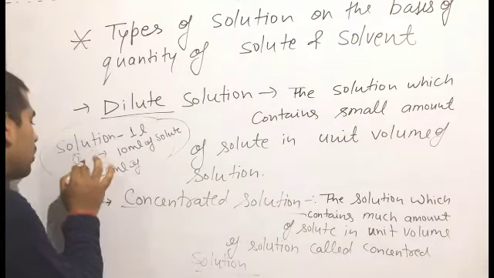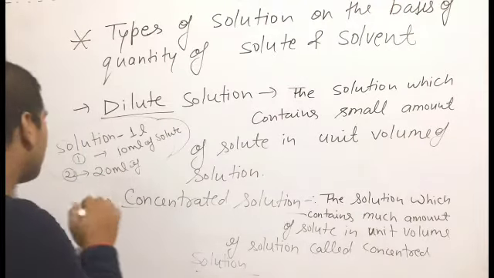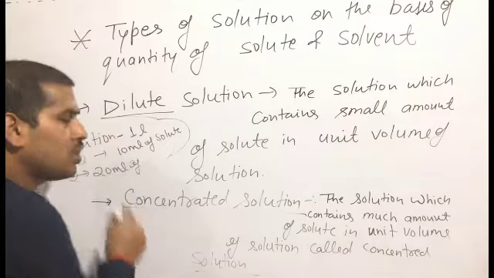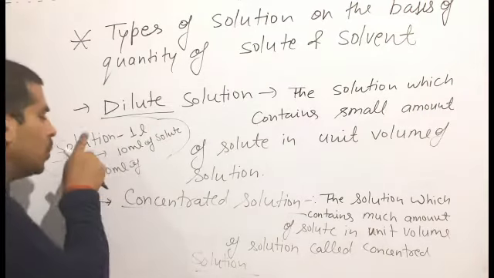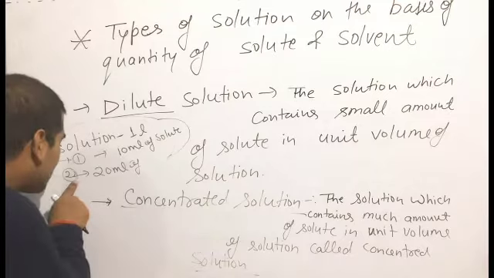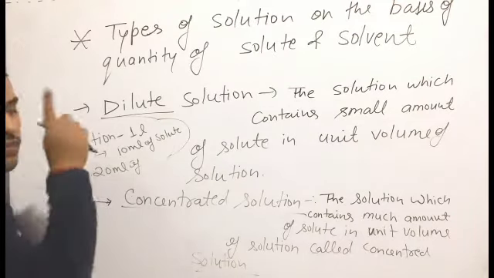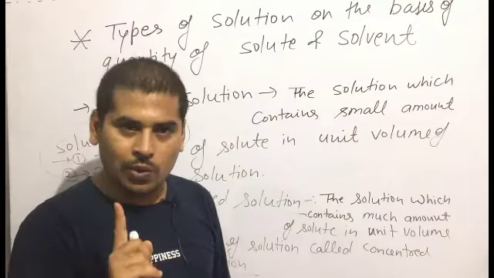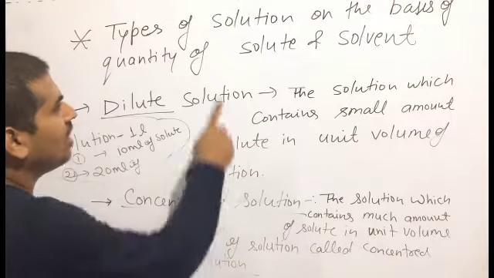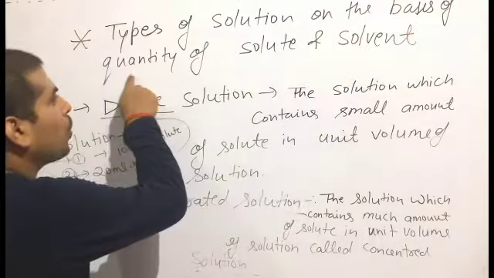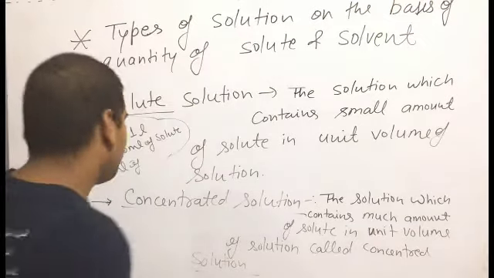Means this is the first solution and this is the second solution. Then we can say first solution is dilute in comparison to second solution, and second one is concentrated than first solution. Okay, so these are the types of solution on the basis of quantity of solute and solvent.